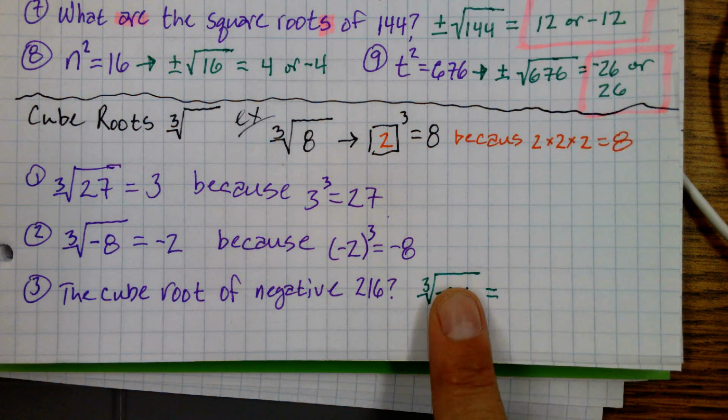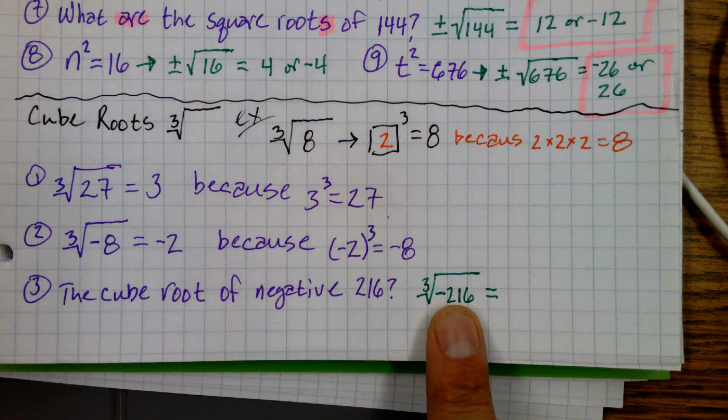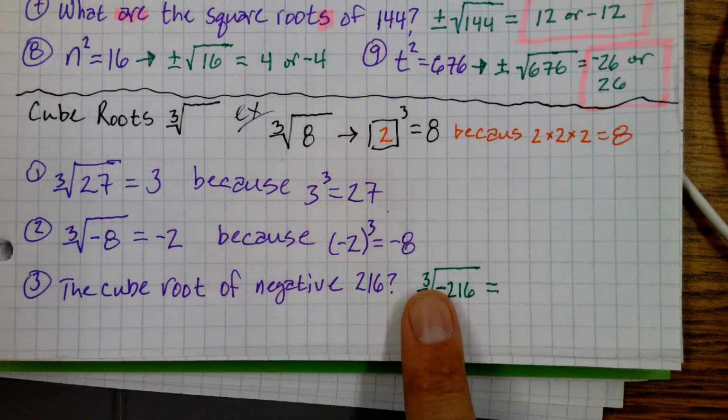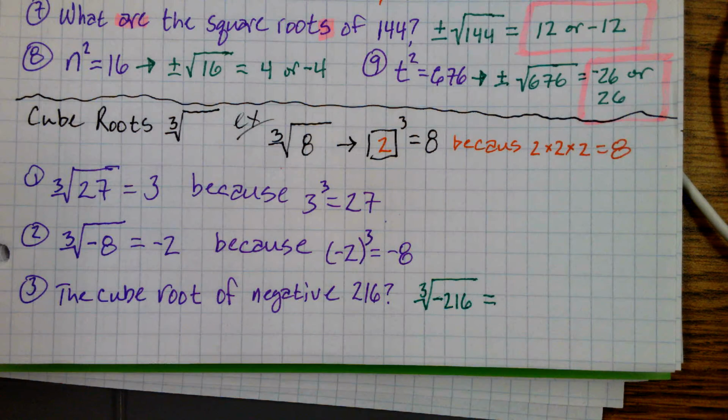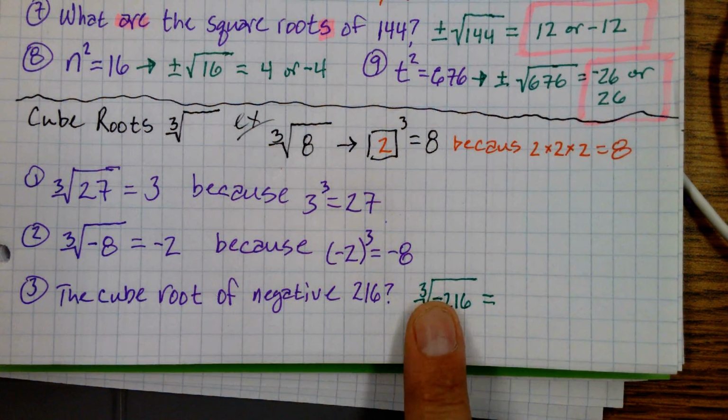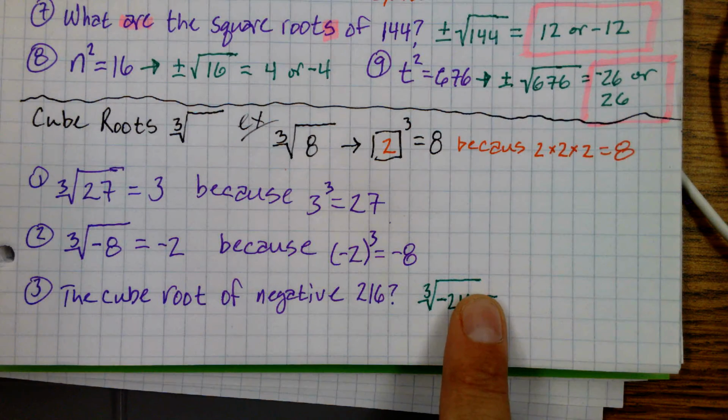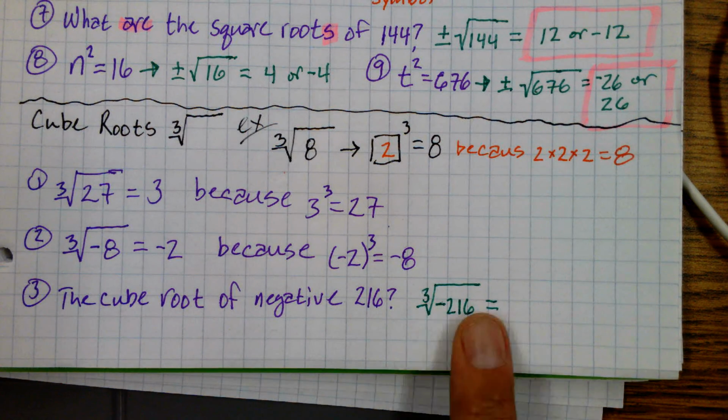So do you notice that you can do cube roots of negative numbers? Like, remember we couldn't do square roots of negative numbers? It turns out if the root number, the 3 there, is an odd number, a 3, a 5, a 7, a 9, etc., you can do negatives. If it's even, a square root, which is 2, a fourth root, a sixth root, an eighth root, etc., you can't do negatives inside because of the way negatives work.